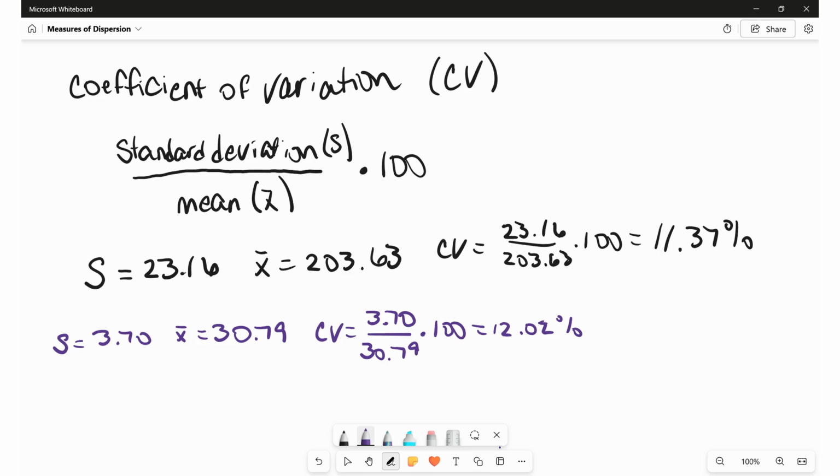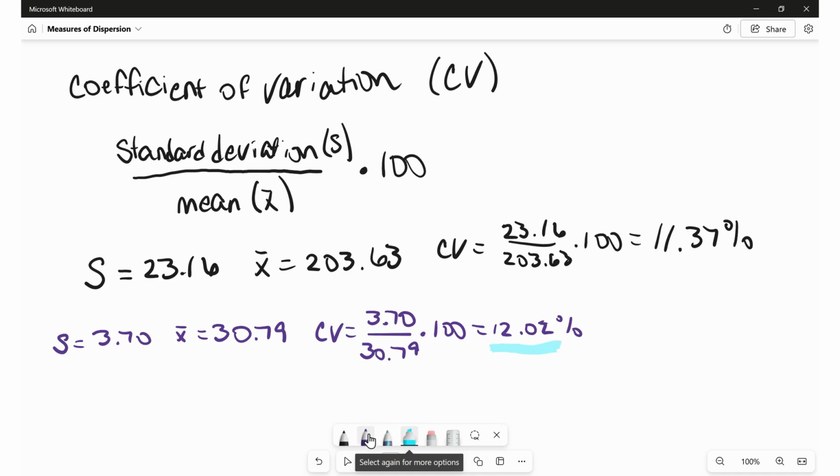Now, this is really important when we're looking at something like stocks, because although stock number 2 has a smaller standard deviation, so we think, well, it's varying much less, we have to look at that in comparison to the price of the stock, or the average price of the stock. And when we compare the two, we see that the second stock here has a much higher coefficient of variation.